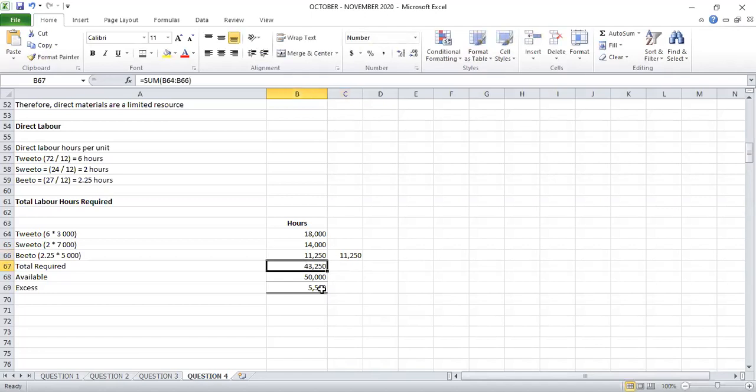Can you correct this? Yeah, it's 43,250. Yes, that one is okay. It's done by Excel. I mean the excess. It's 6,750.